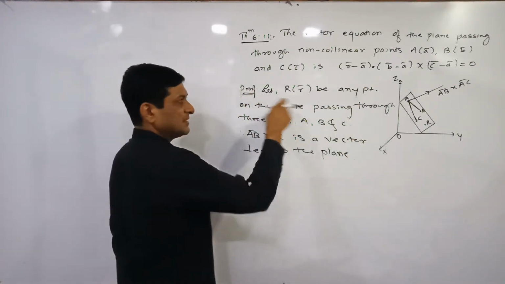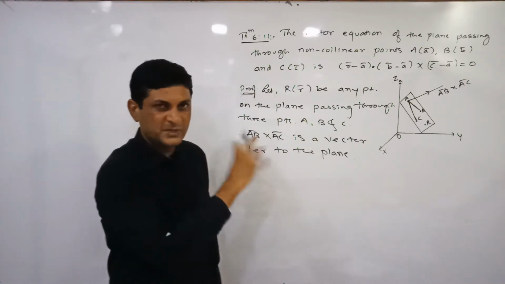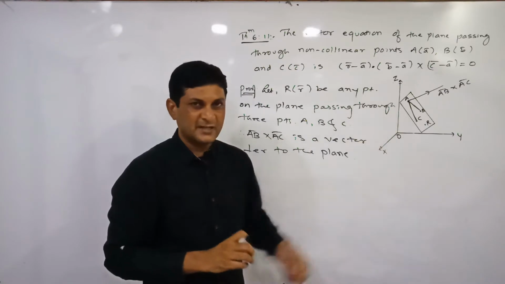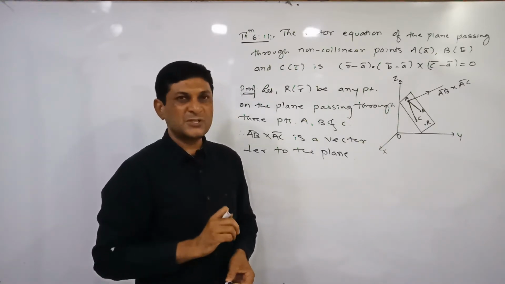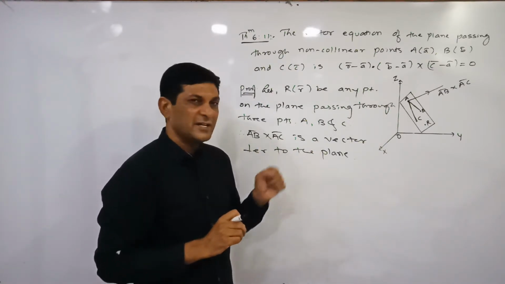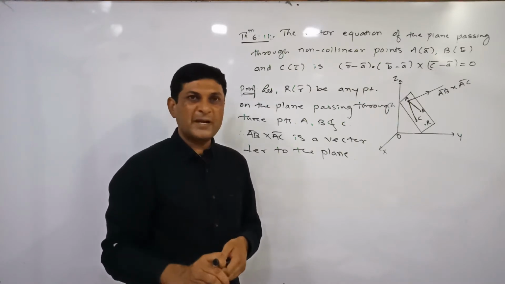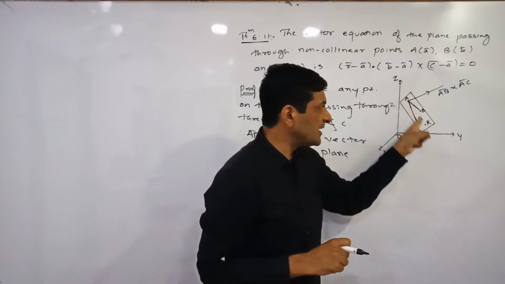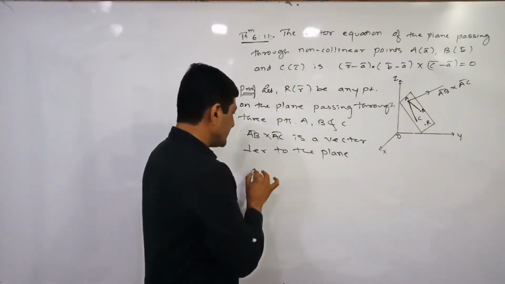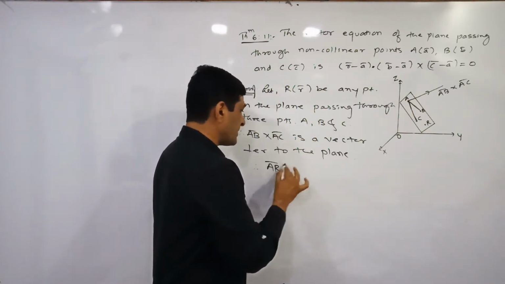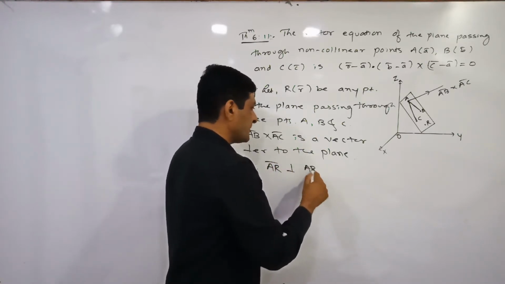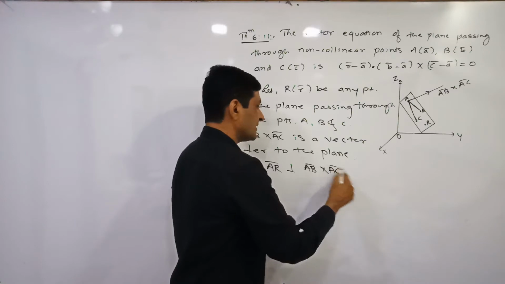In this case only one plane is given to us. From this we come to know that it is perpendicular to this plane. If this vector is perpendicular to the plane, it means it is perpendicular to all the vectors lying in this plane, and one of the vectors in this plane is AR bar. So we can say that AR bar is perpendicular to AB bar cross AC bar, isn't it?